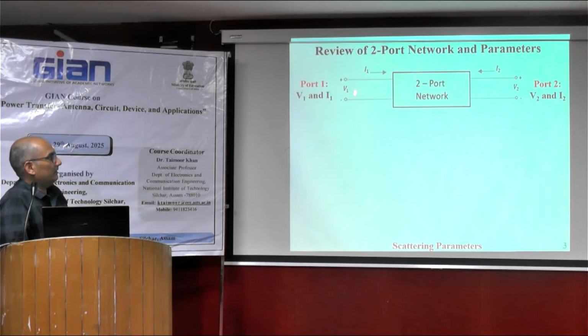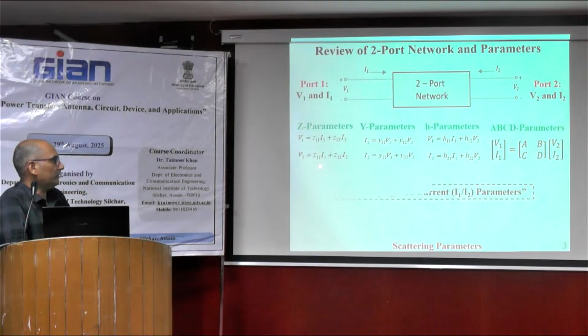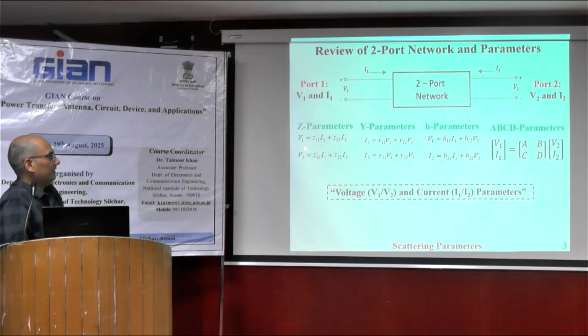Here, by way of review, just see this one, that is Z parameters characteristics, where we take input current and output current as independent parameters. Here voltage we consider as the dependent one, that V1 is a function of I1, I2, and V2 is a function of I1, I2.